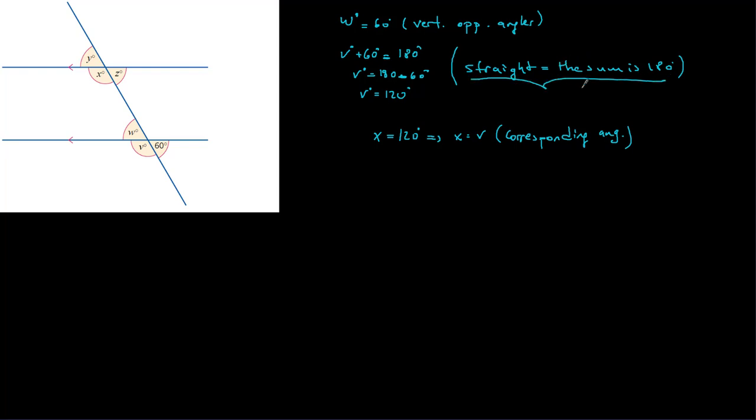Also, we can use supplementary. Okay, here we are going to find the value of Y. W and Y are equal to each other because they are corresponding angles.